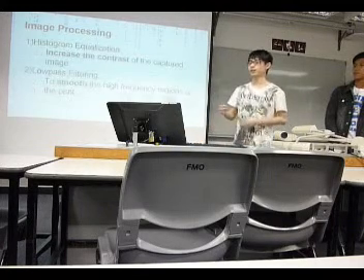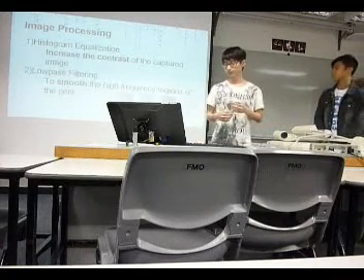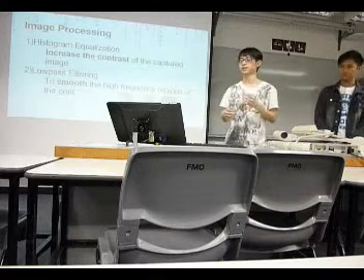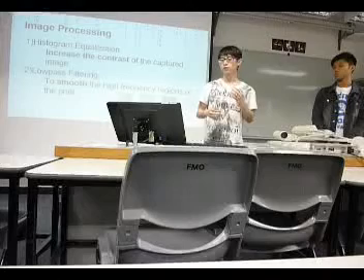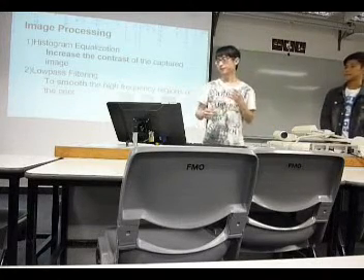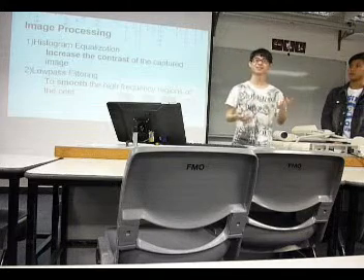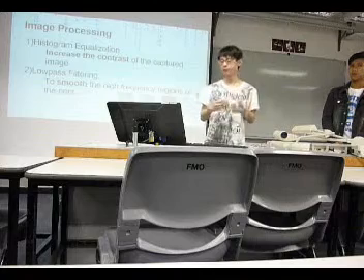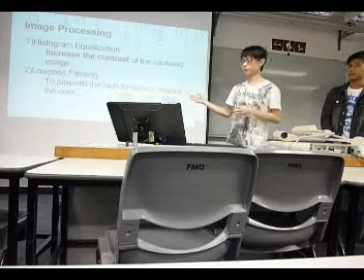For histogram equalization, it is used to increase the contrast of the image, and then we follow it with the low pass filtering, which is what we discussed in the lectures, to remove the noise in the image and smooth it.